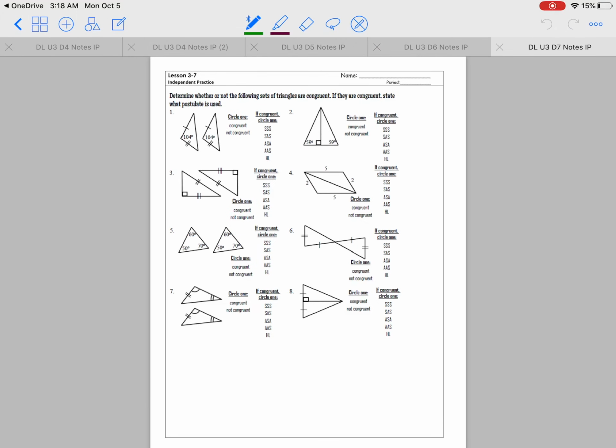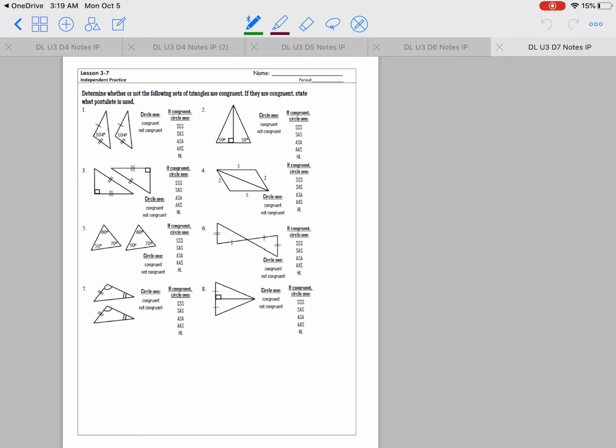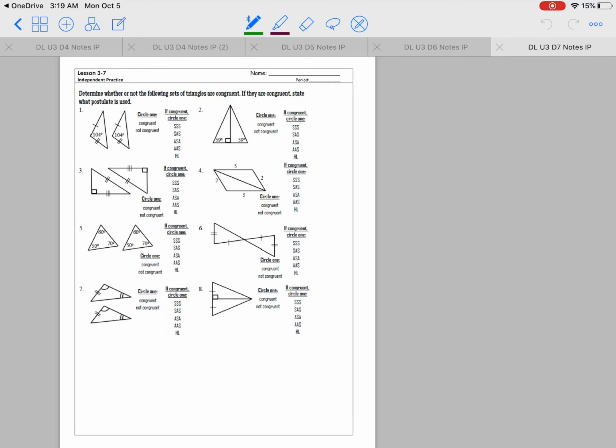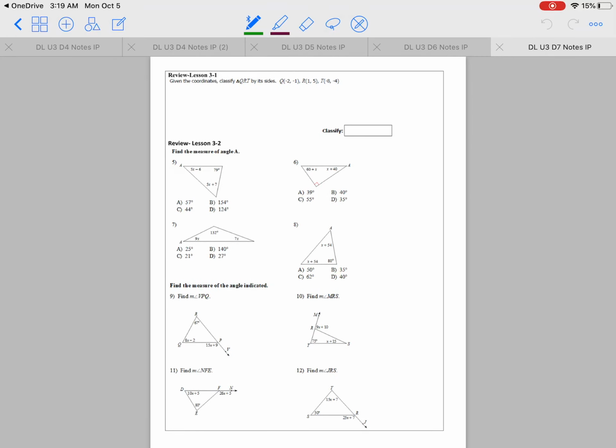All right. You are responsible for completing your independent practice. There are 8 problems on the theorems, the shortcuts. And then I'm giving you a review, because we're taking the exam pretty soon, of lessons 3-2 and 3-1. It's with the interior angles. Remember, they equal 180.